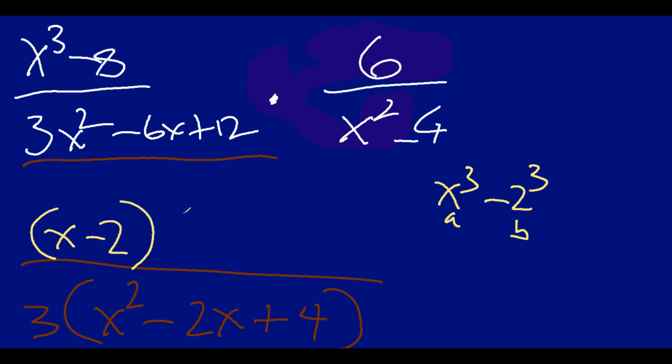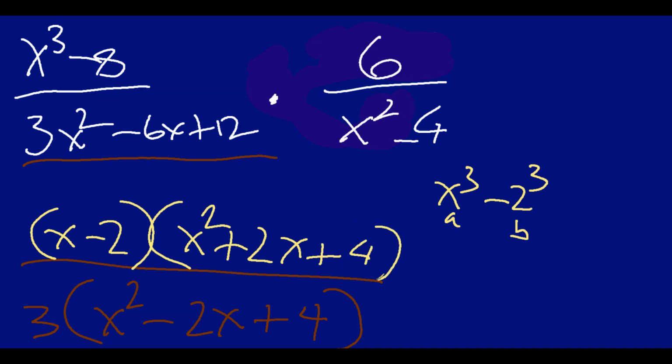The rest of it is a squared, which for us is x squared, plus a times b, so it'll be 2x. Notice how it's positive, even though it's a negative 2. We're just following the pattern. Then you have b squared, which is plus 4 in our example.